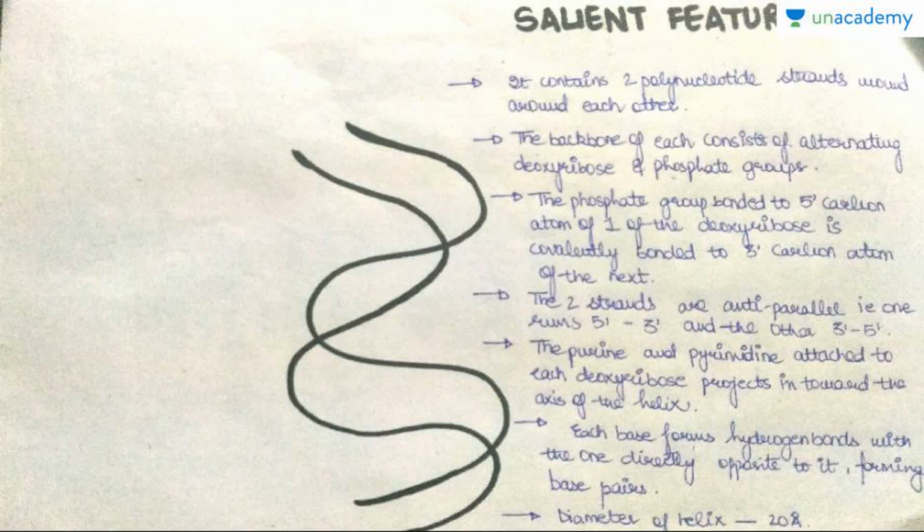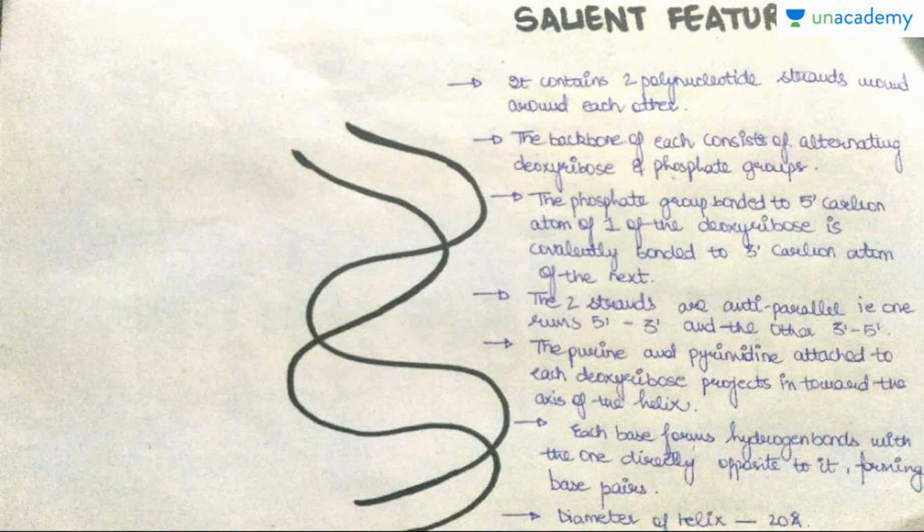Now, the purines and the pyrimidines are attached to each deoxyribose, and they project in towards the axis of the helix. Axis means the central portion of the helix. All the nitrogenous bases, the adenine, guanine, thymine, and cytosine, and uracil in case of RNA, are present in the central portion, in the axis of the helix.